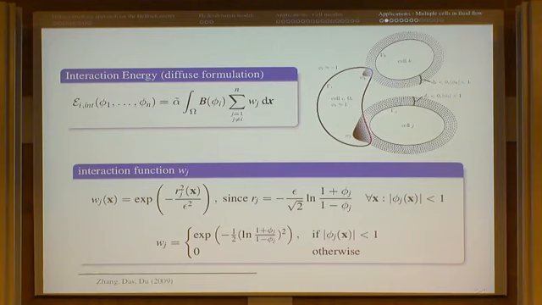Maybe skip this, but we can construct this interaction energy. If we consider the phase field i, we are able to calculate the interaction functions coming from all other cells, and they are denoted by Wj. This Wj is an exponential, called a Gaussian potential.